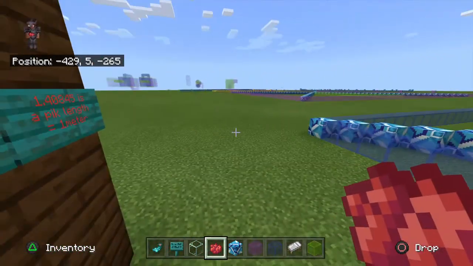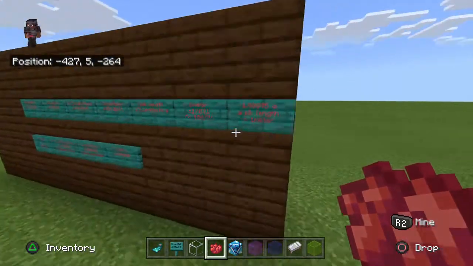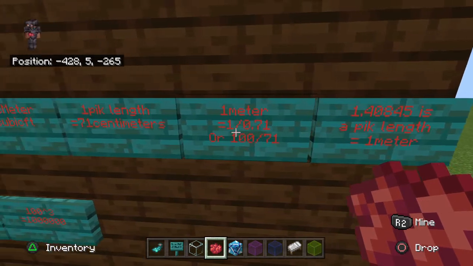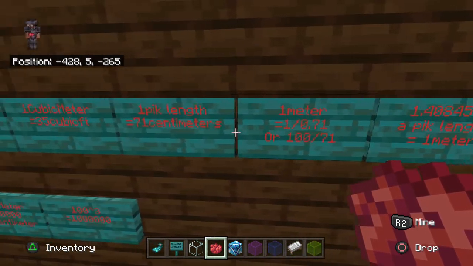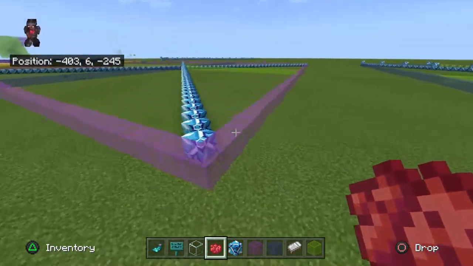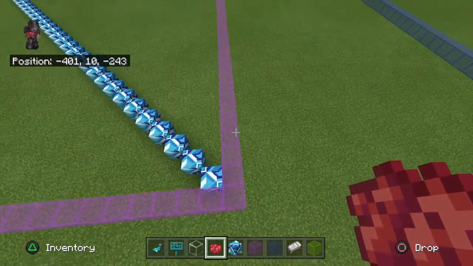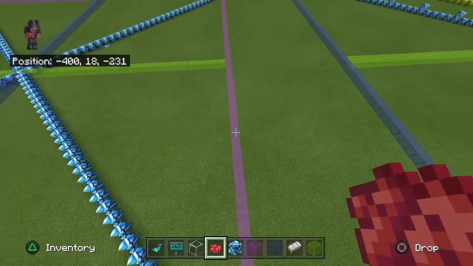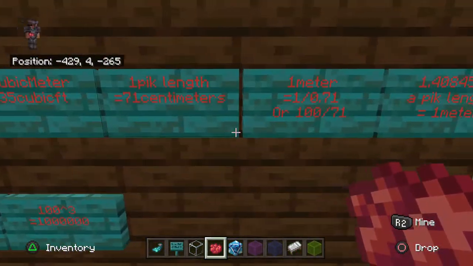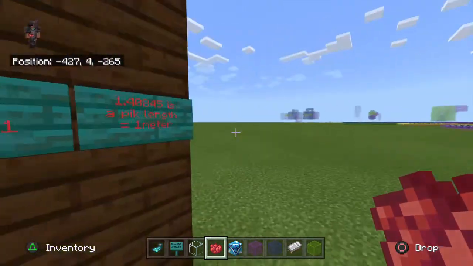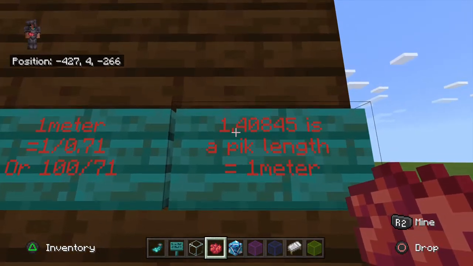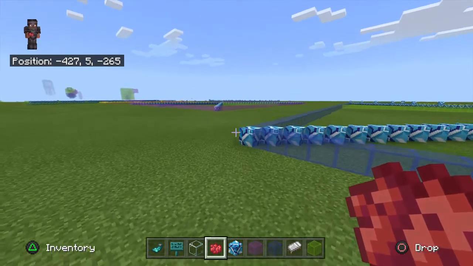But with doing this, these are apparently hard set rules for the graph. And 71, and since that's 71 meters, that means that's 100 pick length.